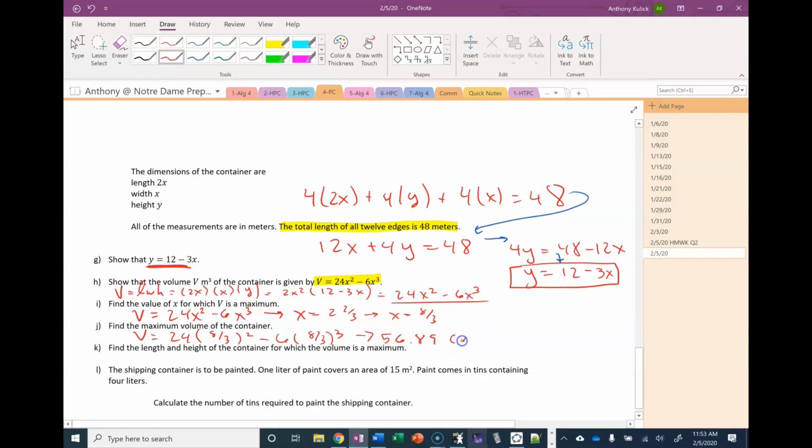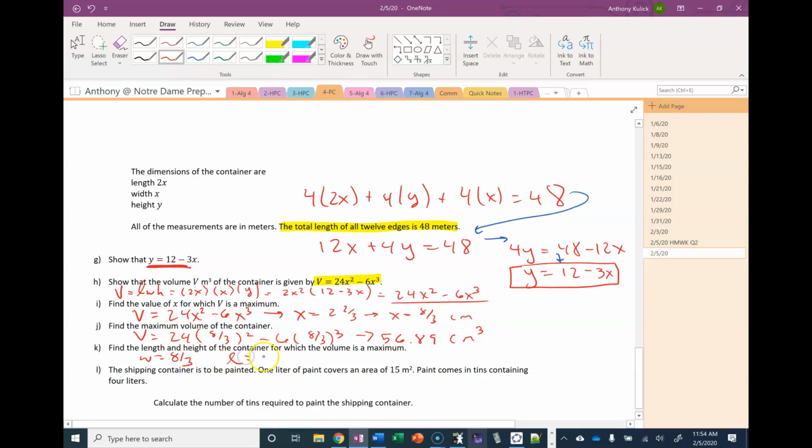And I think we said these were centimeters. So that's volume, so it's centimeters cubed. Okay with that? And since we know the value for x, I know the width, right?